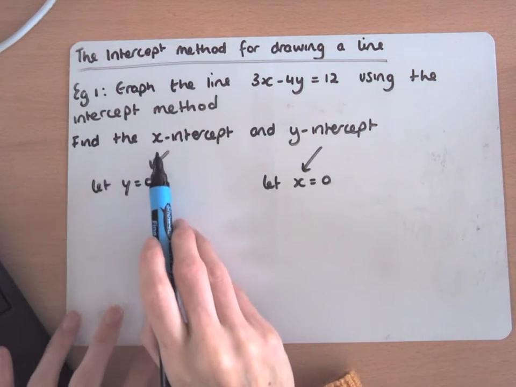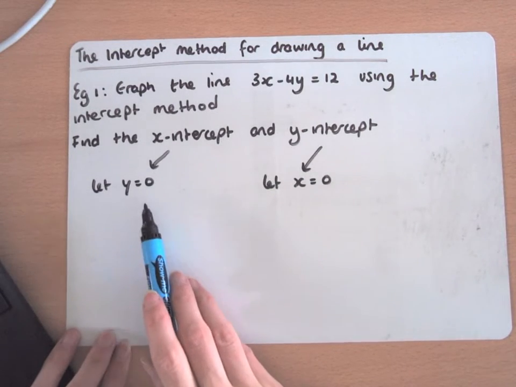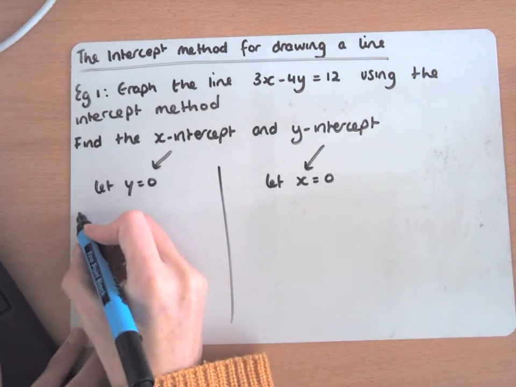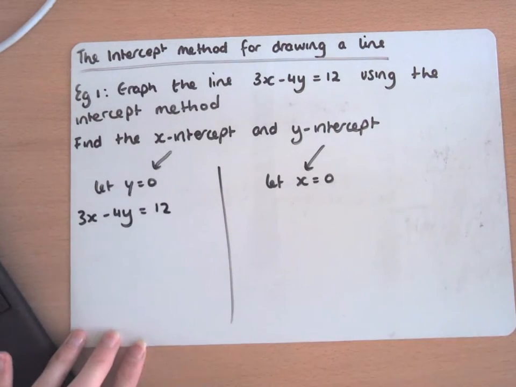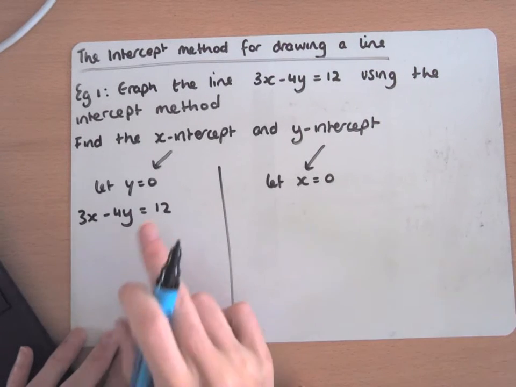So to get the x-intercept, I need to let y be 0 in my equation. So write down your equation, or your function, or your line, it's all the same thing. But instead of y, you're now putting in 0.